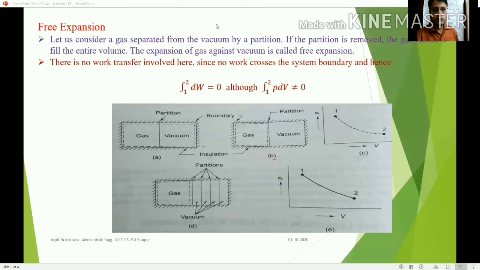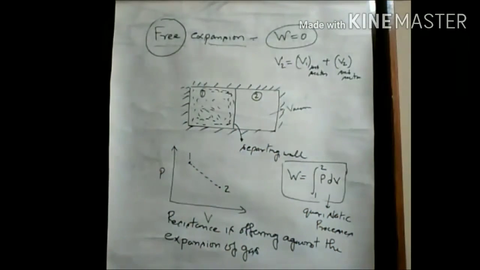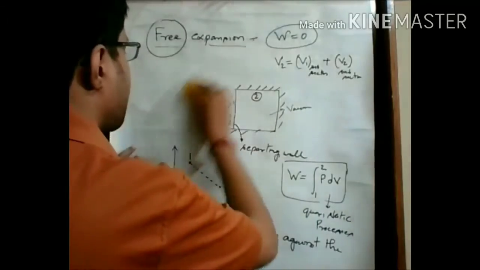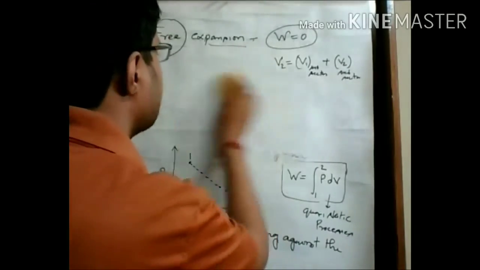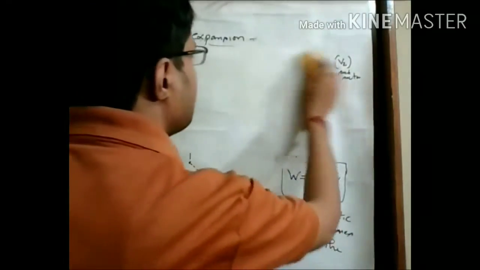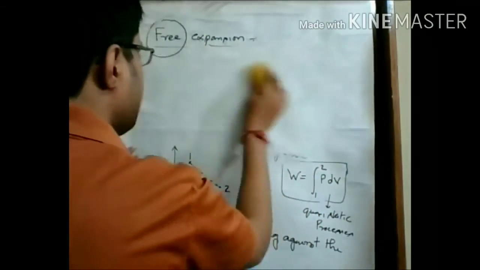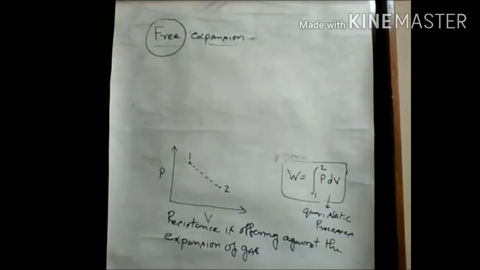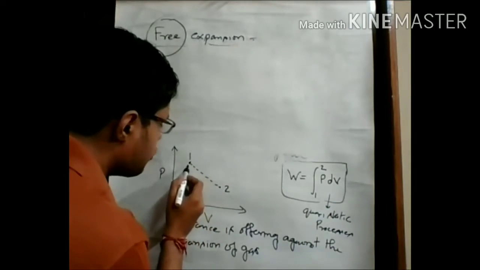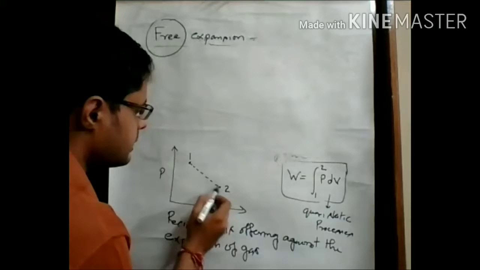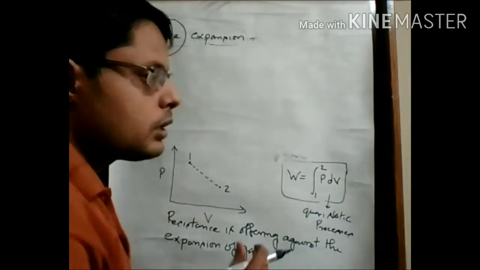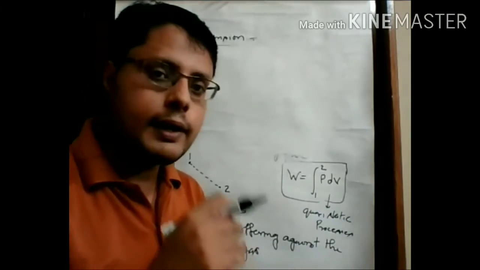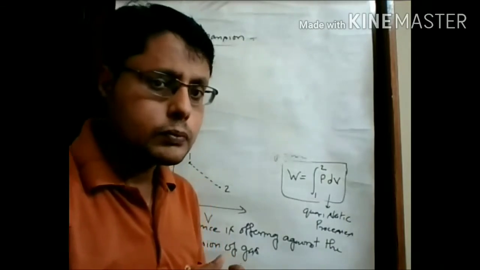I'm trying to show you on the board. Previously, I told you that we cannot define the actual path between these two states, first and second, because this process is happening in a very fast manner.